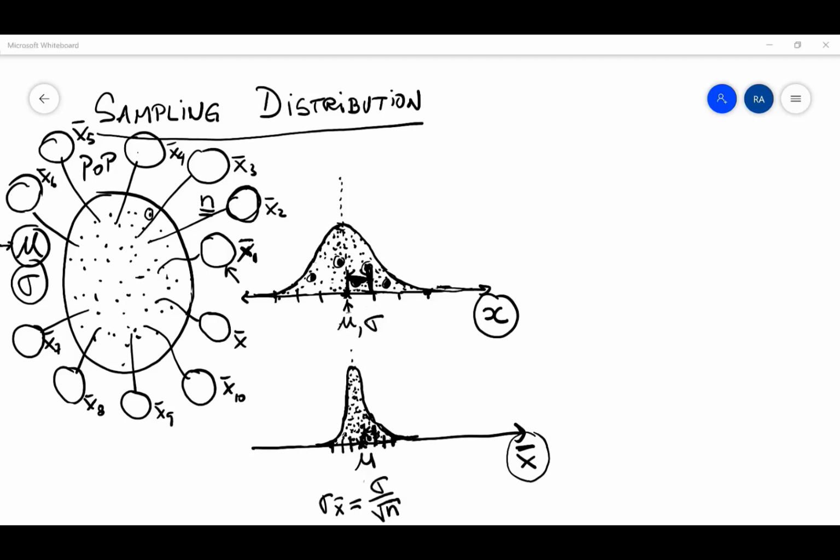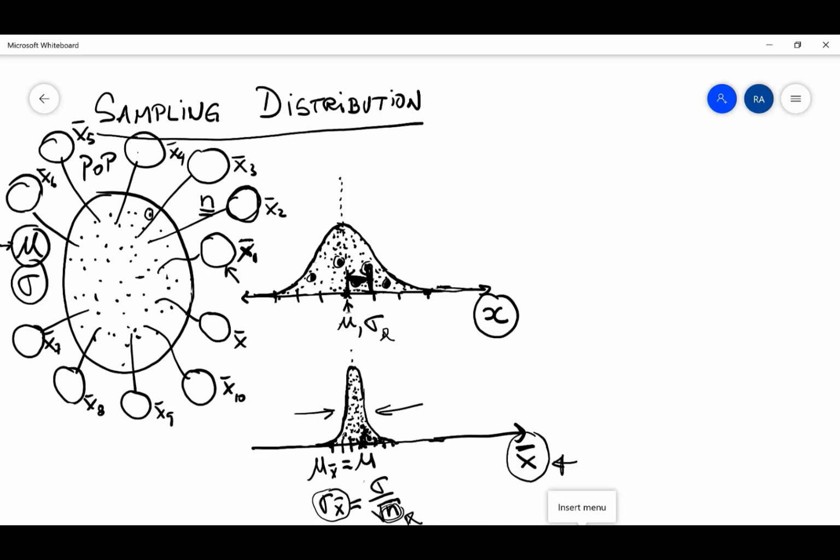In this simulation, we conclude that the mean of all sample means will be the mean of the population, and the standard deviation of all sample means is the standard deviation of the population divided by the square root of n. The bigger my sample size, the smaller the standard deviation, or the narrower the distribution of all sample means.